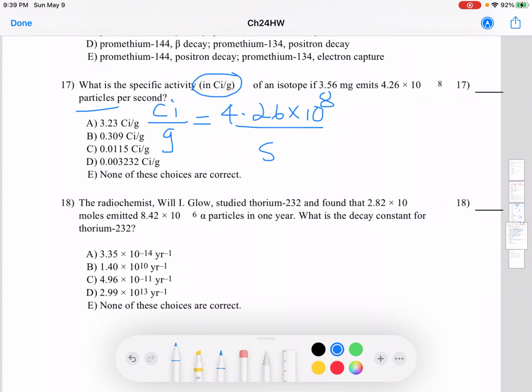Now this is the disintegration, disintegrations per second. And 1 Ci equals 3.70 times 10 to the power 10 disintegrations per second. And where do I get this number? Right here.